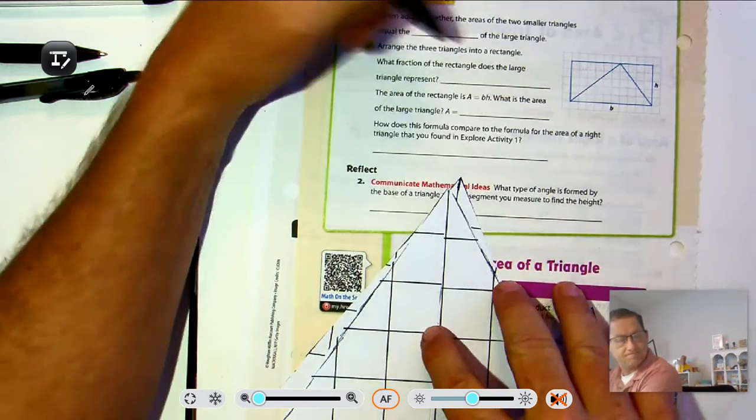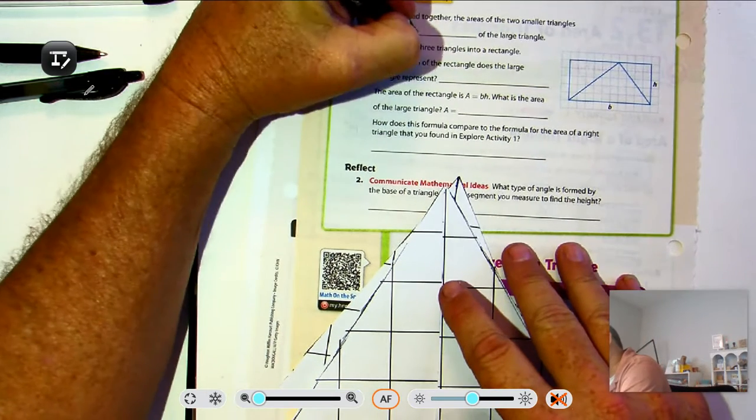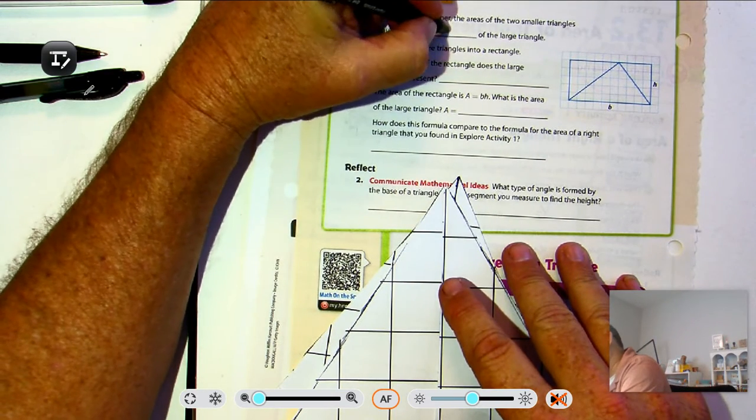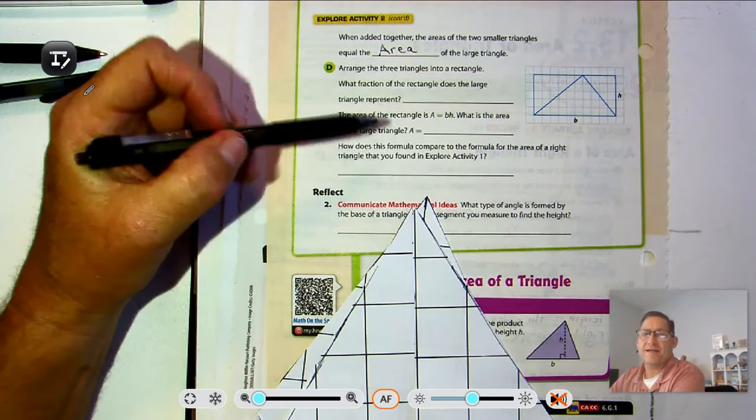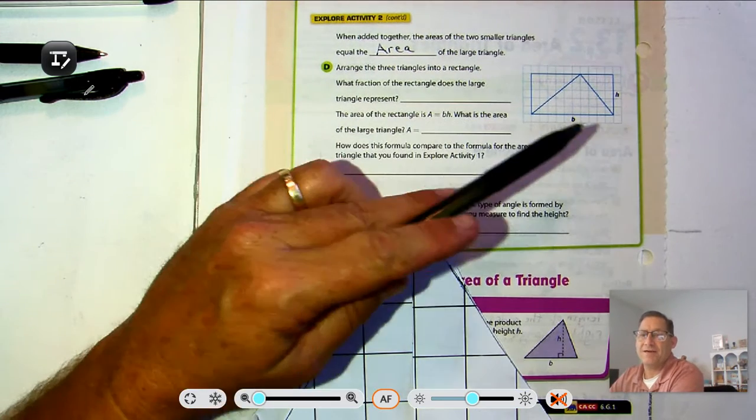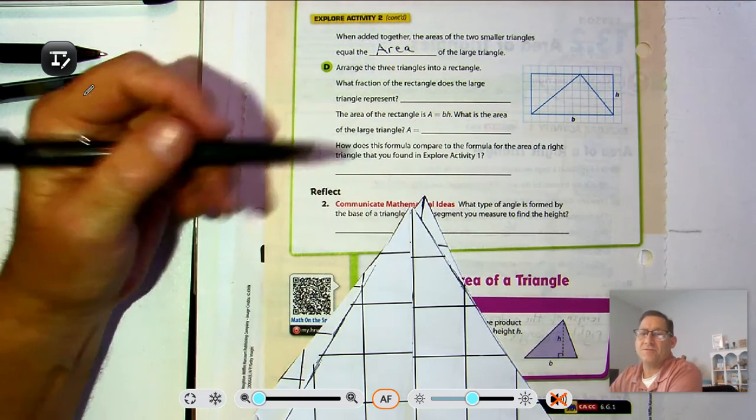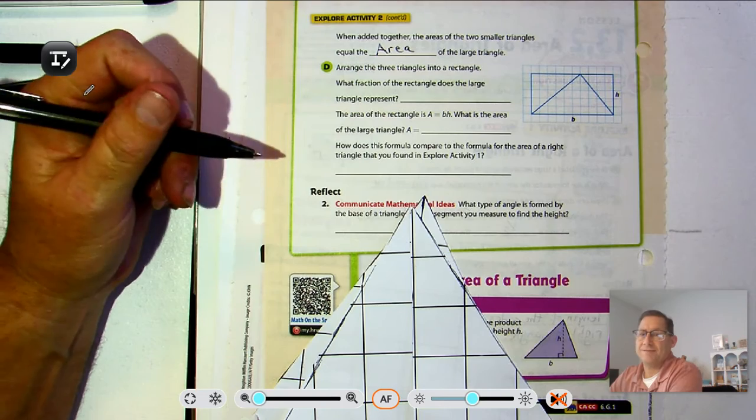So now we can take the three triangles and arrange them into a rectangle. What fraction of the rectangle does the large triangle represent?